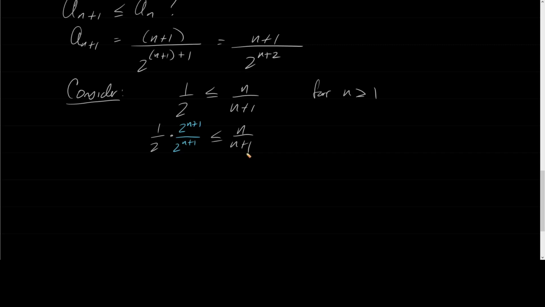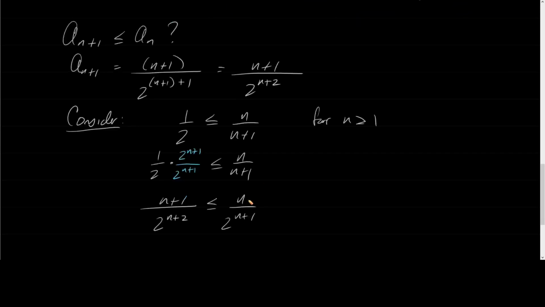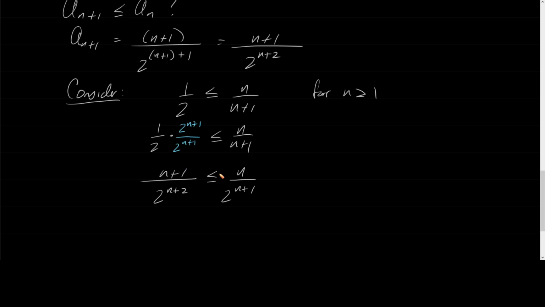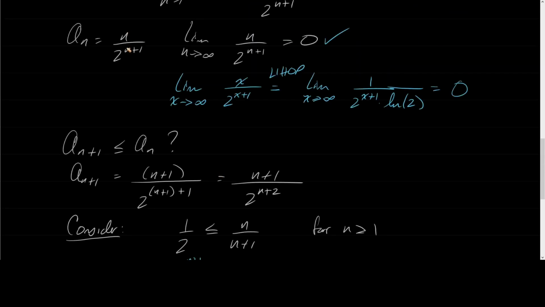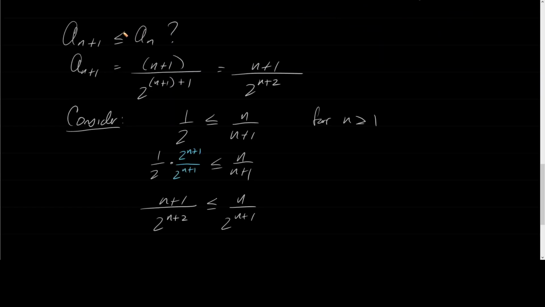I end up with n plus 1 over 2 times 2 to the n plus 1, that's 2 to the n plus 2, and that would be less than n over 2 to the n plus 1. And now look at that. N over 2 to the n plus 1 was our sequence a sub n, and a sub n plus 1 is this part over here. So what we found here is that a sub n plus 1 is less than or equal to a sub n.